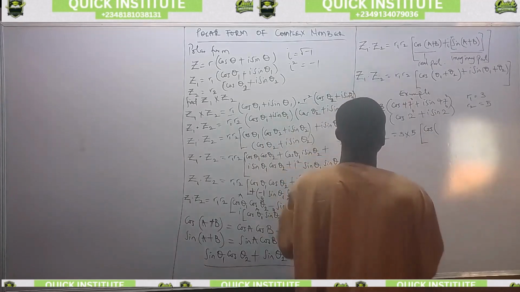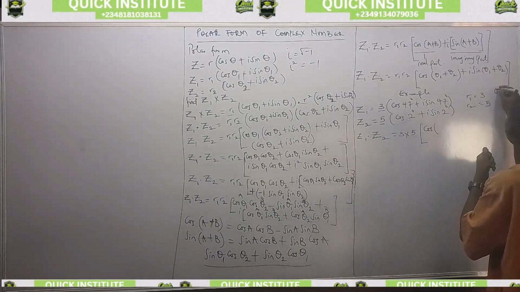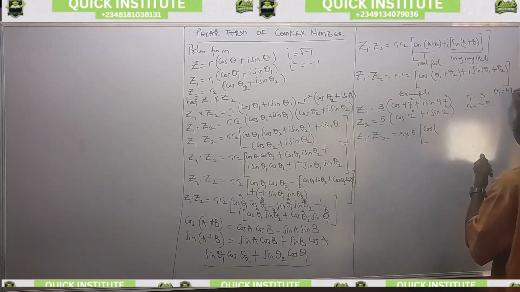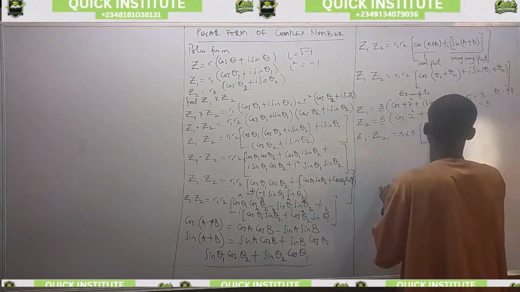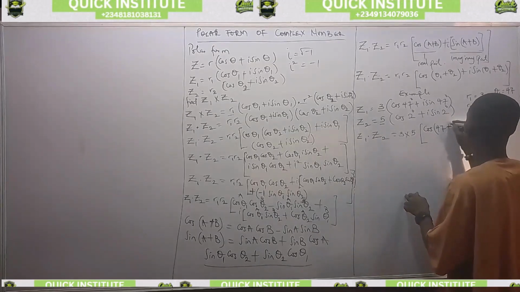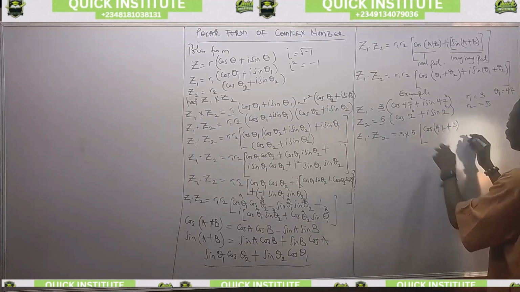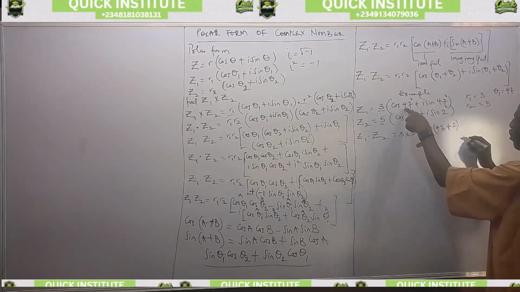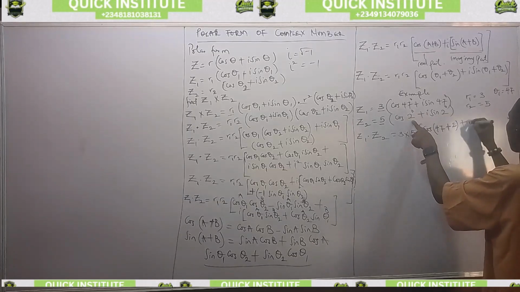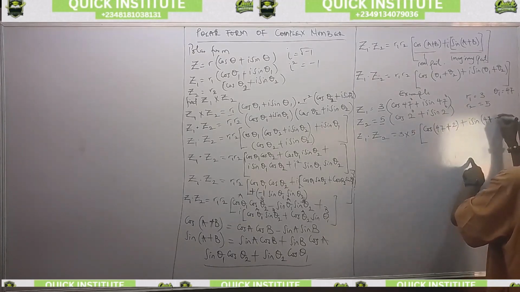Then cos of theta 1 plus theta 2, where theta 1 is 47 and theta 2 is 2, so 47 plus 2, plus i sin (47 plus 2).